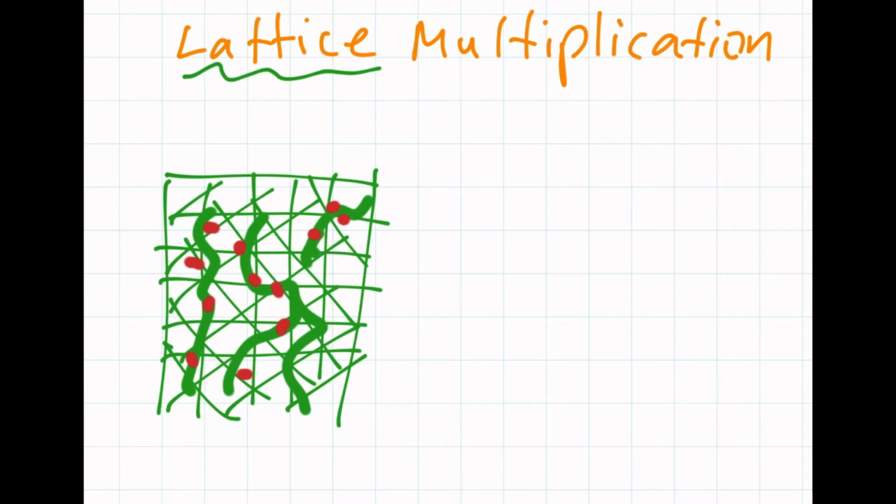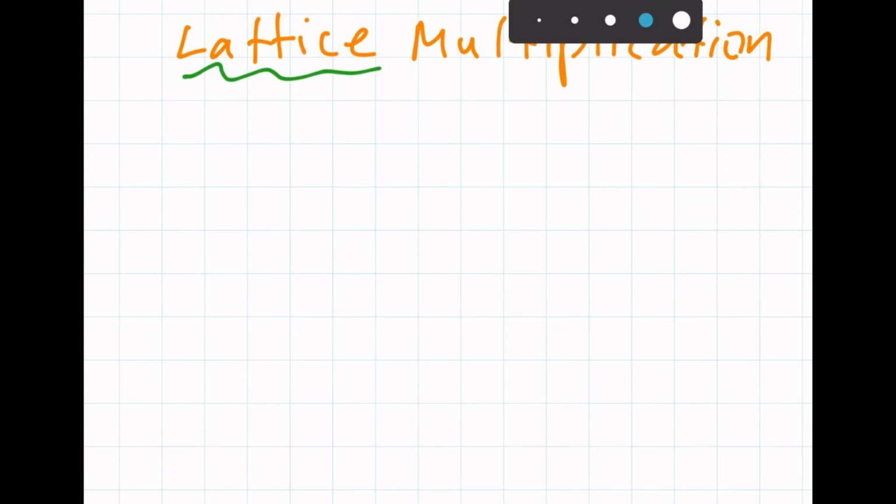And so this kind of multiplication, instead of using the lines, the horizontal lines, uses a kind of arrangement like this, a lattice.